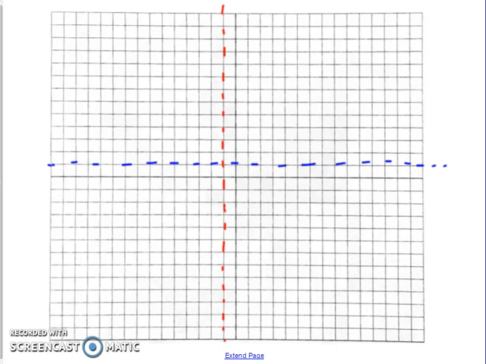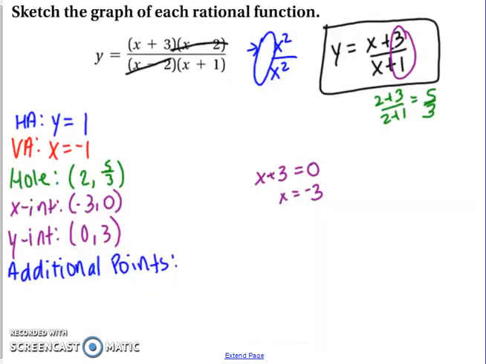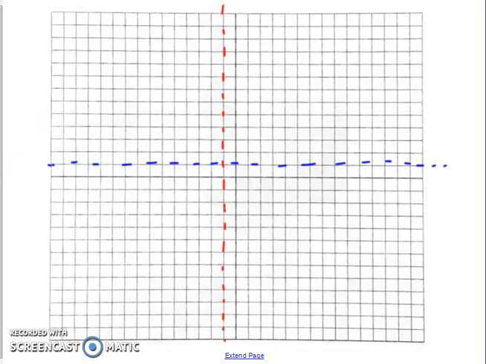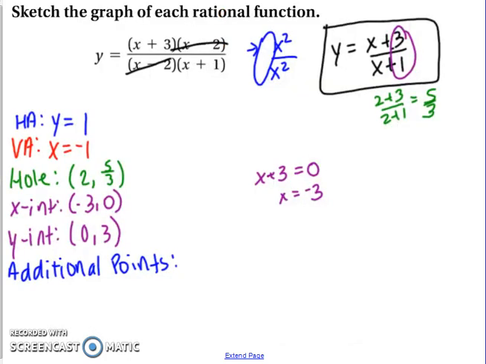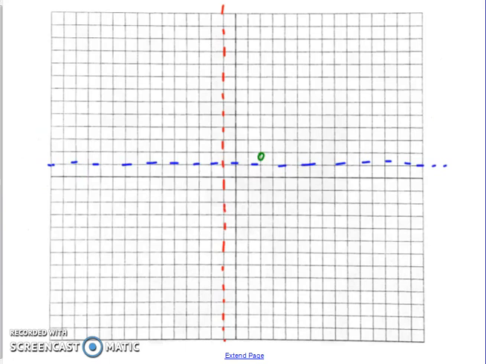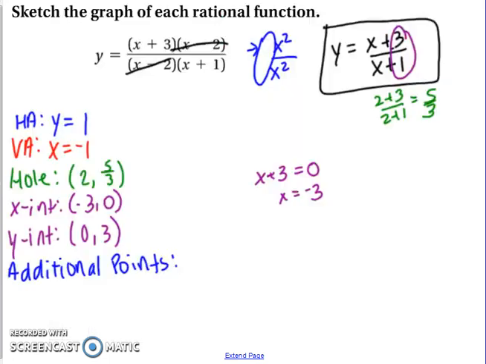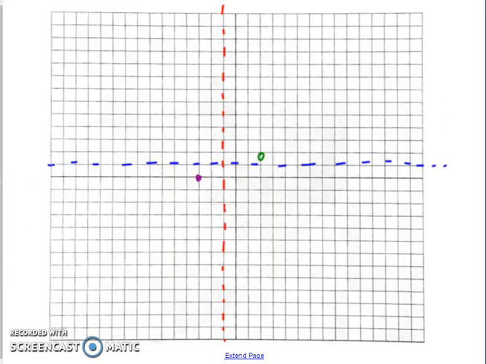I have a hole at 2, 5/3. So I'm going to go to 2, and where 5/3 would be, and I'm literally going to draw a hole, like an open circle. Then my x-intercept is negative 3, 0, and I have a y-intercept at 0, 3.